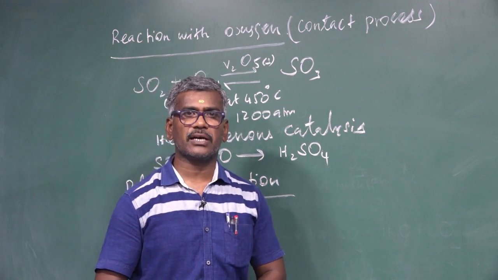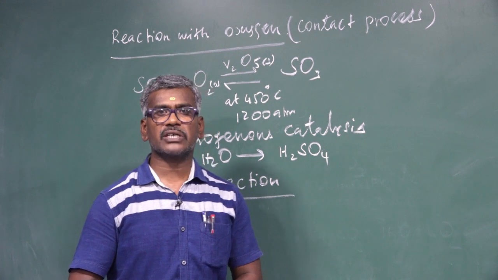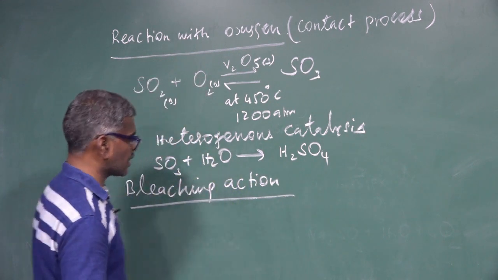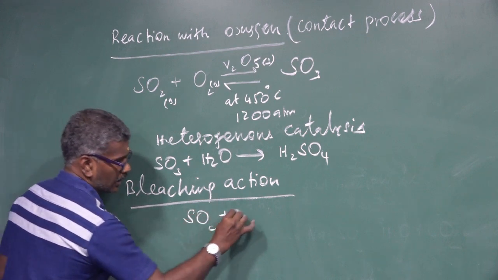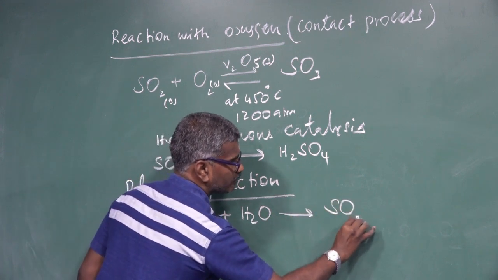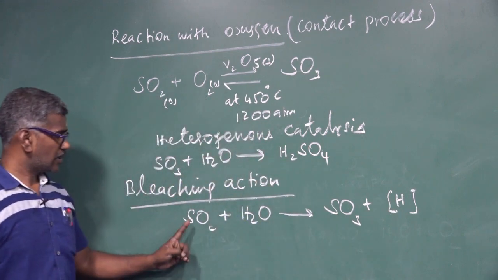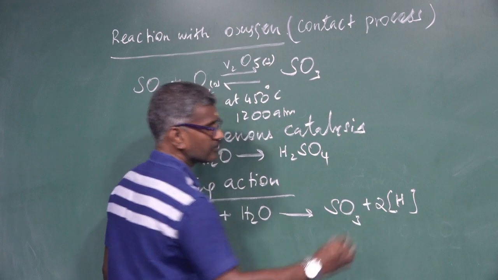SO2 acts as a mild bleaching agent due to reduction of colored vegetable matter in the presence of air. For example, SO2 reacts with air to form SO3 and nascent hydrogen. One sulfur, here 3 oxygen, here 2 hydrogen.